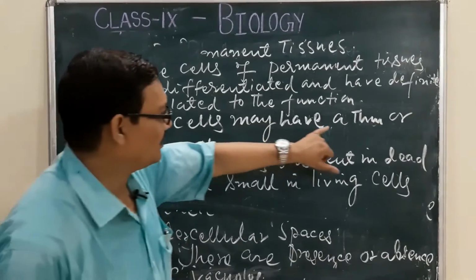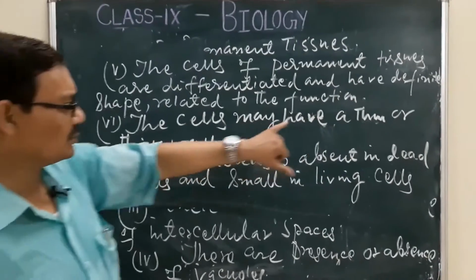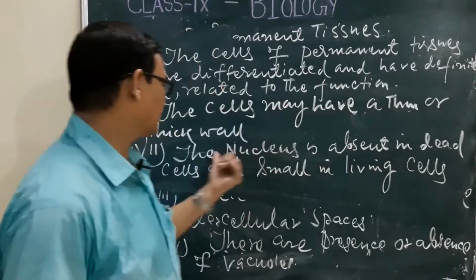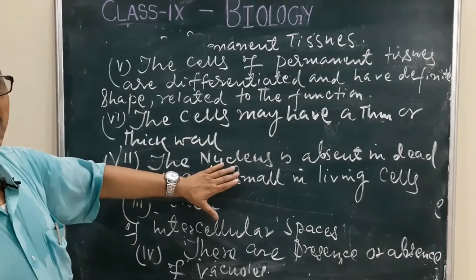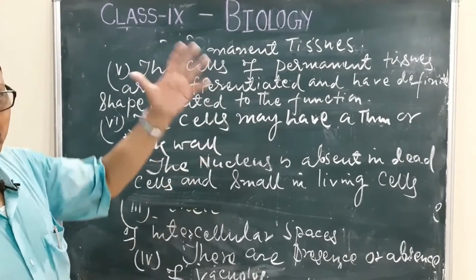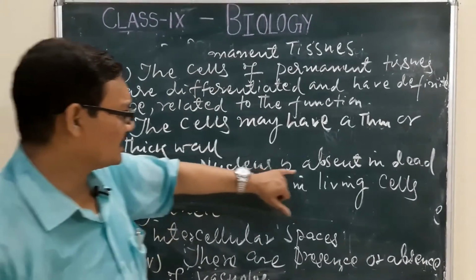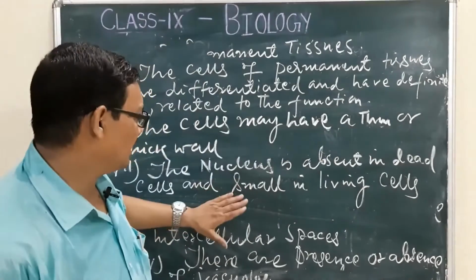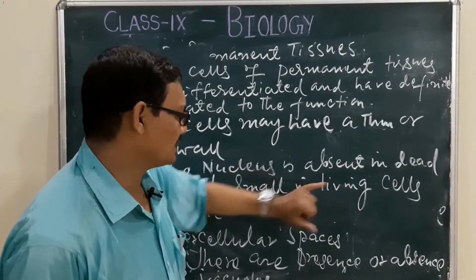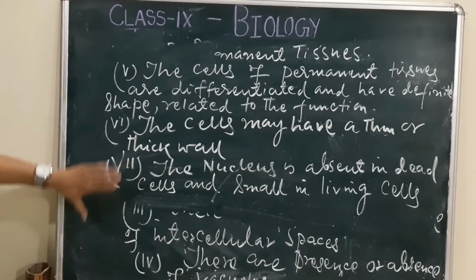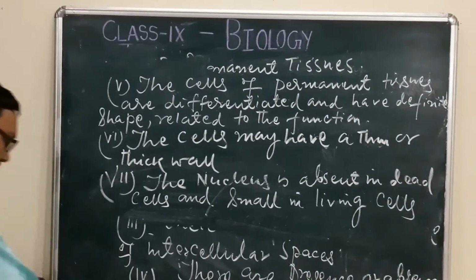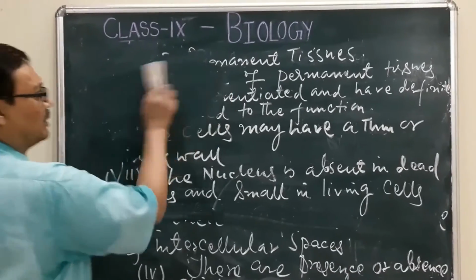The cells may have a thin or thick wall. In case of living cells, the wall is thin. In case of dead cells, the wall is thick, because it consists of both living and dead cells. The nucleus is absent in dead cells and present in the living cells, but the size is smaller. So, these are some facts regarding the different characteristic features of the permanent tissue.